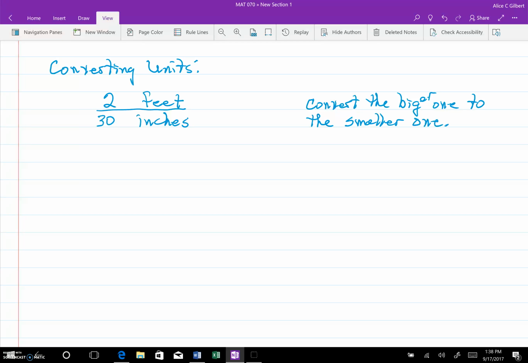So take just a minute, stop this, and decide, unless you know right away, which I kind of hope you do, which is bigger, feet or inches? Hopefully you said feet, and then hopefully you know how many inches are in a foot.